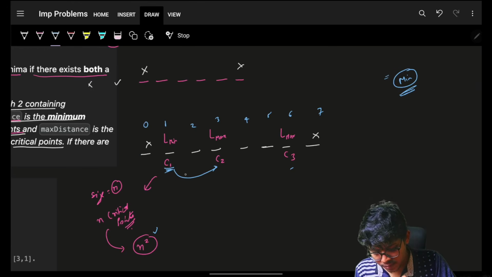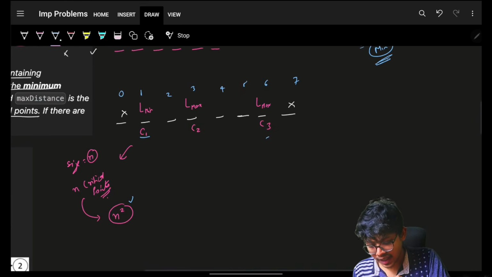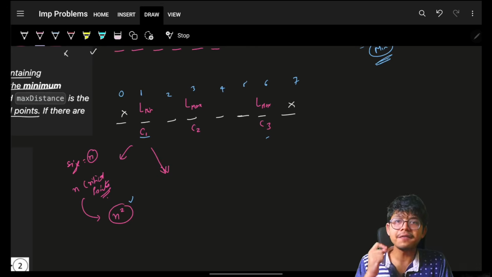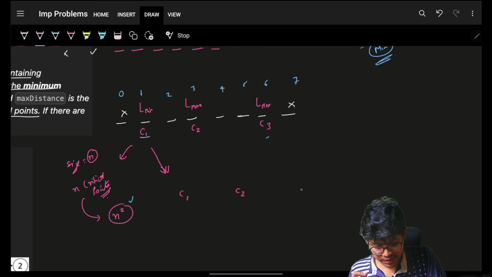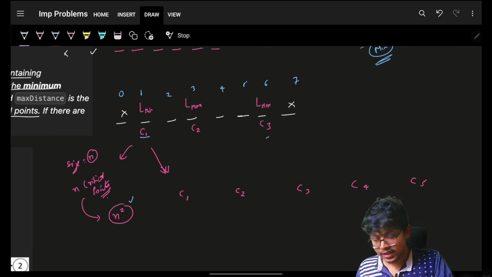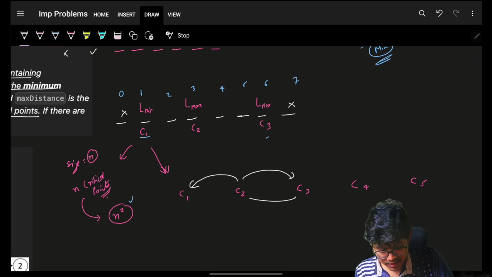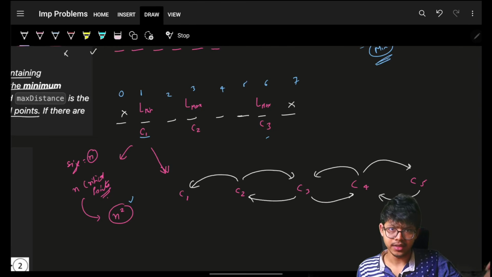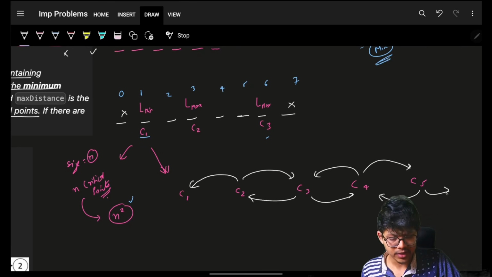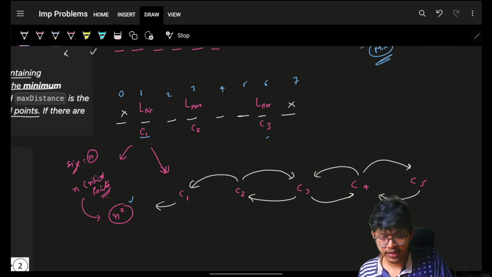So from this we realized that, considering I have, let's say, 5 critical points C1, C2, C3, C4 and C5, to minimize my answer I will take the minimum distance here and here, here and here, here and here, and here and this. Here on the right, nothing, and here also nothing on the right, like left, nothing.